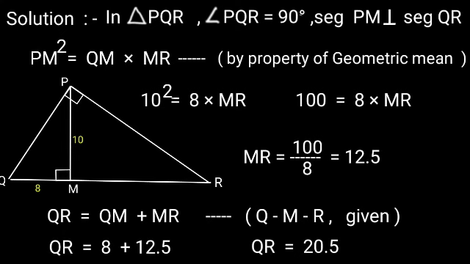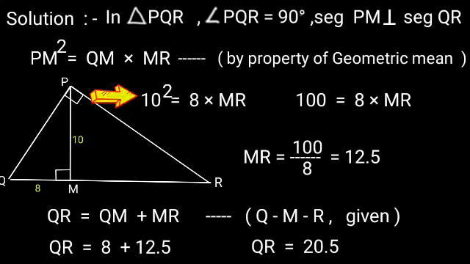Solution. In triangle PQR, angle QPR is equal to 90 degrees. Segment PM is perpendicular to the segment QR. Hence, PM square is equal to QM into MR. The reason? By property of geometric mean.